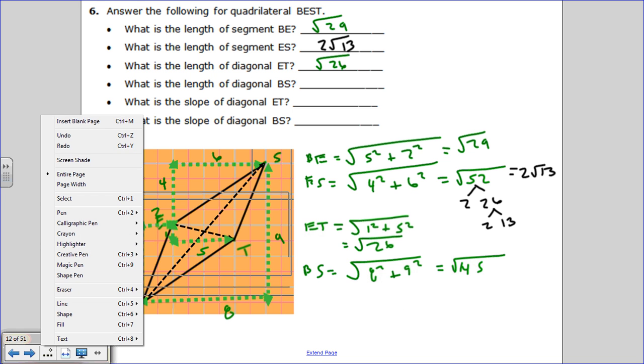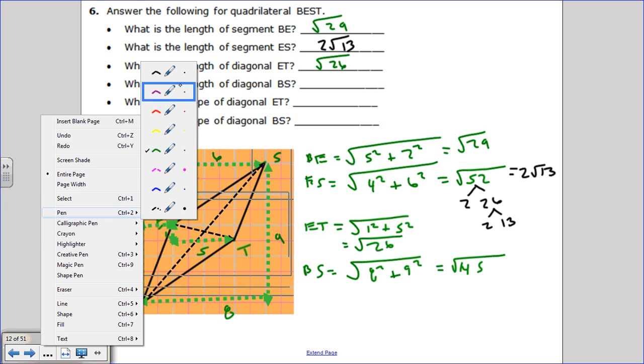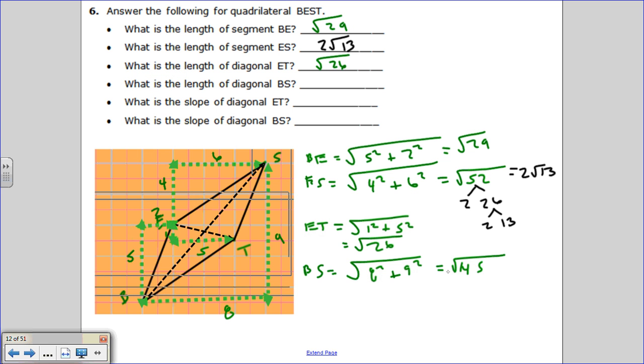And if I divide 145 by 5, you'll be left with 29. 5 and 29 are both prime, so it doesn't go any lower than square root of 145. Alrighty.